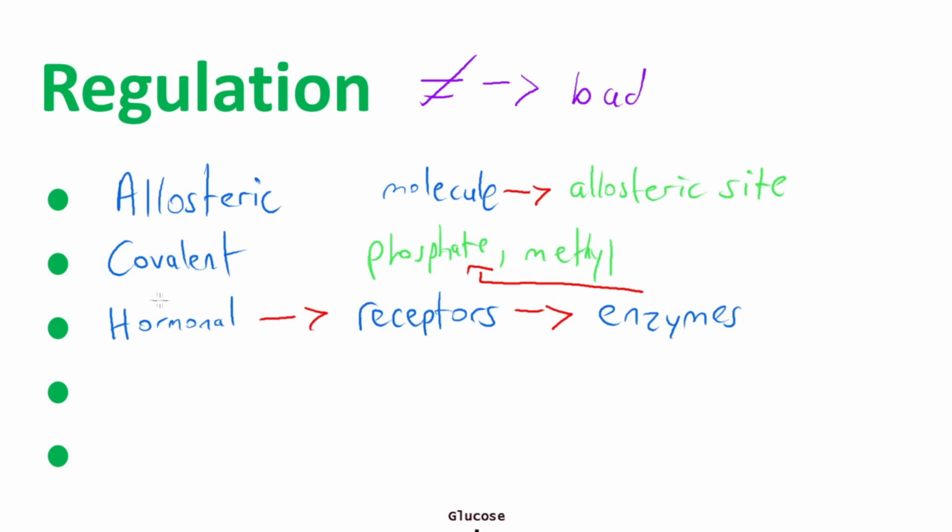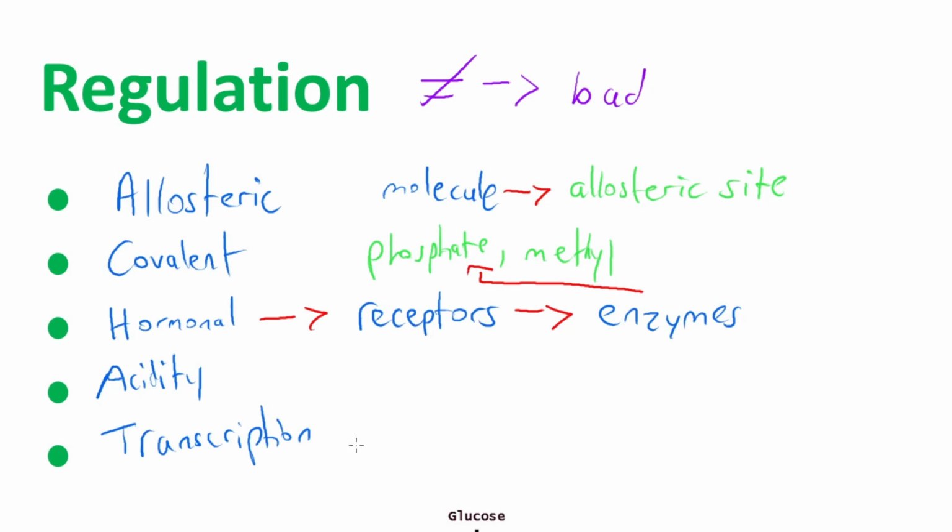Some other way could be acidity. Some enzymes do not function well in certain conditions, and acidity can actually regulate the conditions. And we're going to talk about a specific condition in glycolysis. Now, another way can be transcriptional regulation. So you have the expression levels at the transcriptional level, right?